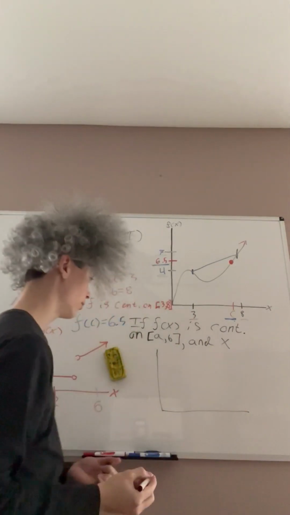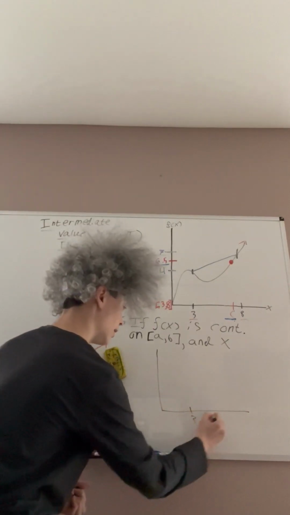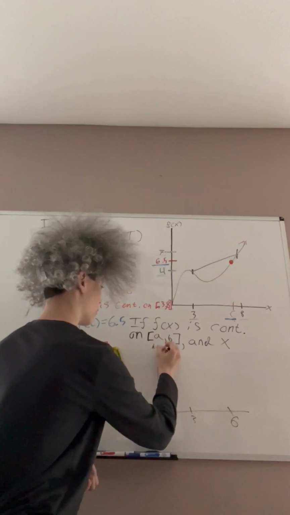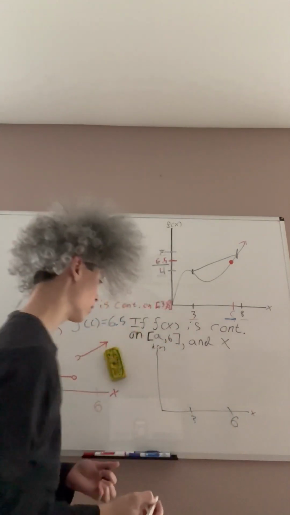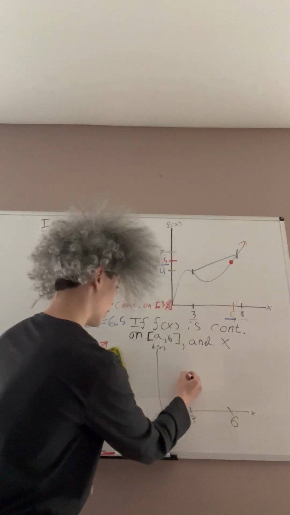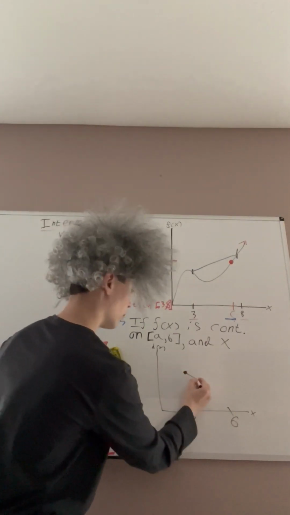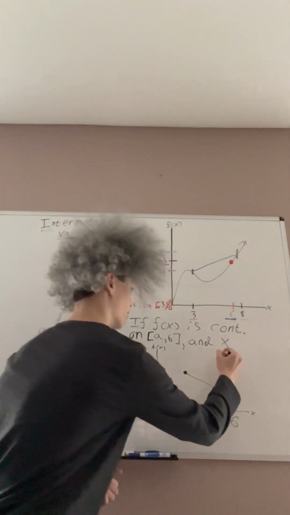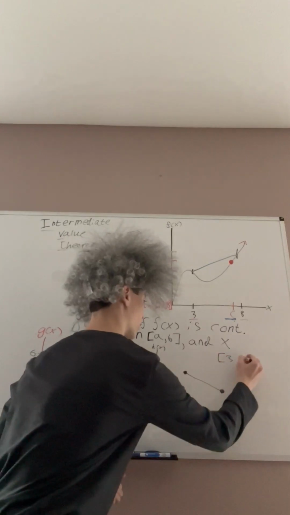If we have a graph, let's say this is 3, let's say this is 6, this is h of x, and the x-axis. Let's say our function looks like this, just a linear decreasing line. Now this is a continuous function on the interval 3 to 6.